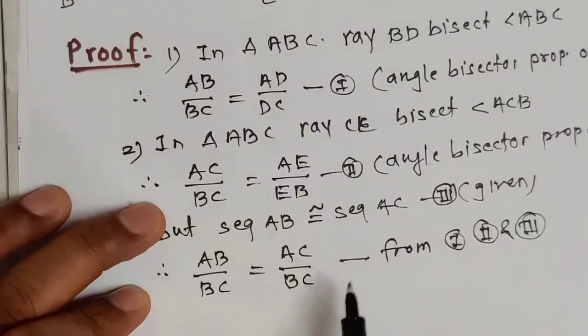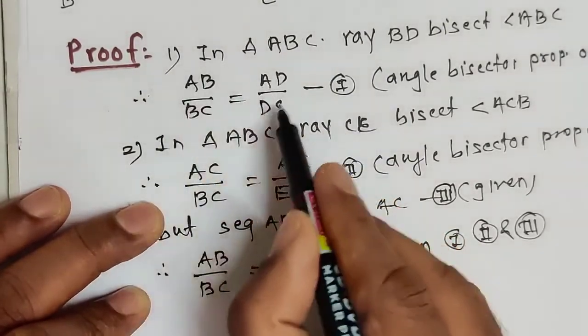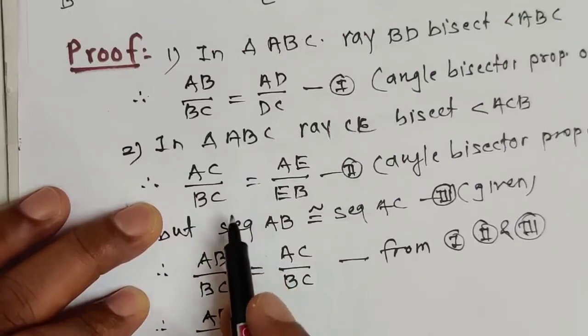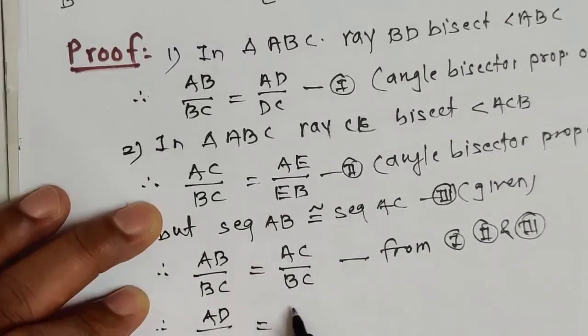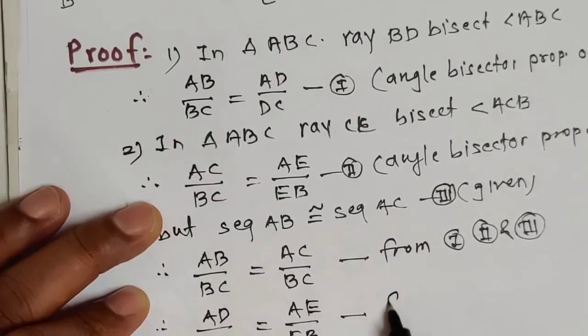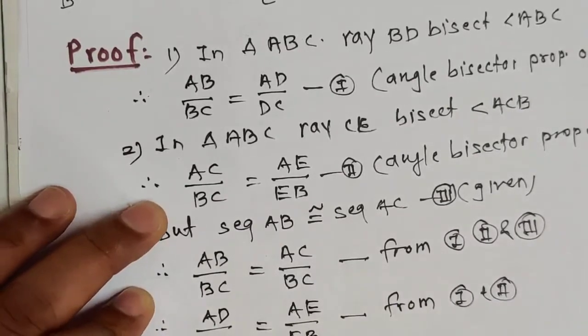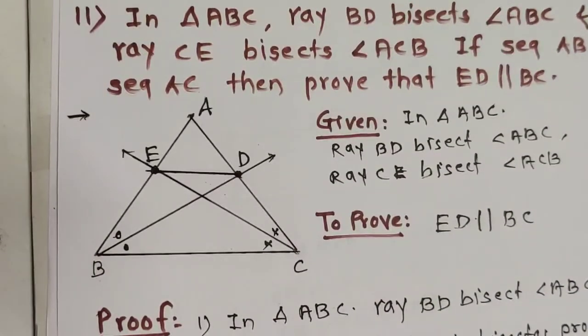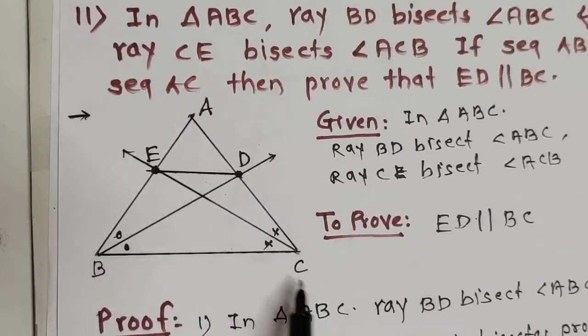But from 1 and 2, AB by BC, the value of this is nothing but AD by DC. So substitute this value. AD upon DC is equal to AC by BC. Instead of this, what we can substitute? AE upon EB, from 1 and 2. Now if we observe triangle ABC, in this triangle ABC, this ratio AD by DC is equal to AE by EB. So by converse, ED is parallel to BC.